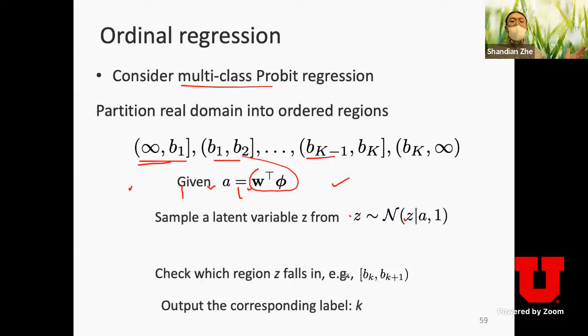In this way, we naturally extend the probit regression to the multi-class case, and at the same time preserve the order information. That's another advantage of using probit regression, because it can easily encode the ordering information, which is important in a type of applications.